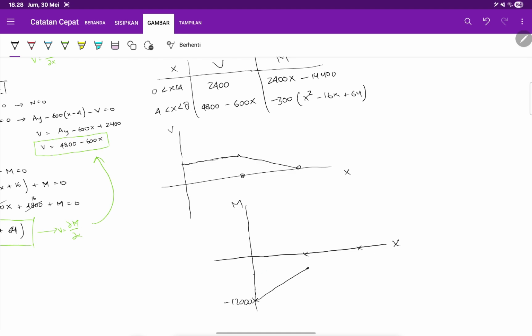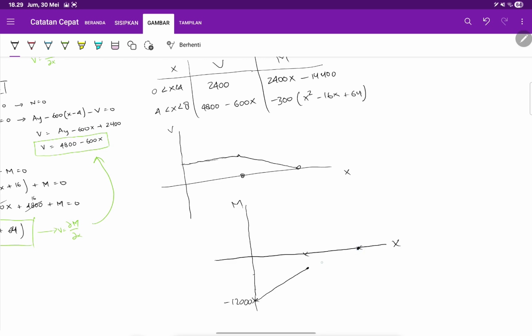And the moment at x equals 4: 4 times 4 minus 16 times 4 plus 64, times 300. Okay, and then if x equals 8: 8 times 8 minus 16 times 8 plus 64 becomes 0.